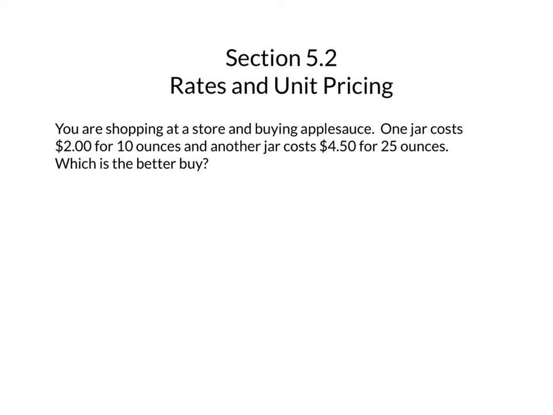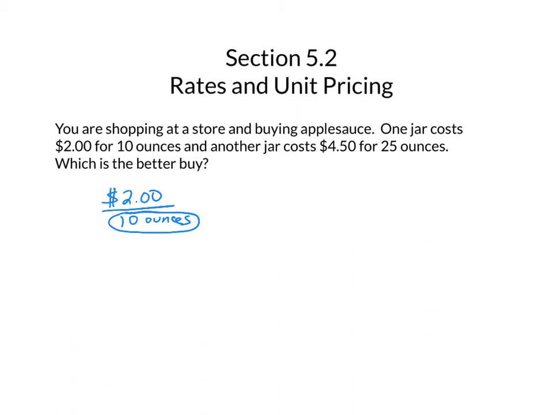Unit rates compare a number with a single unit. So we are going to write both of these first of all as ratios. The very first one costs $2 for 10 ounces. If I want to go through unit pricing with unit rates, I am going to make sure that the bottom number is equal to 1.